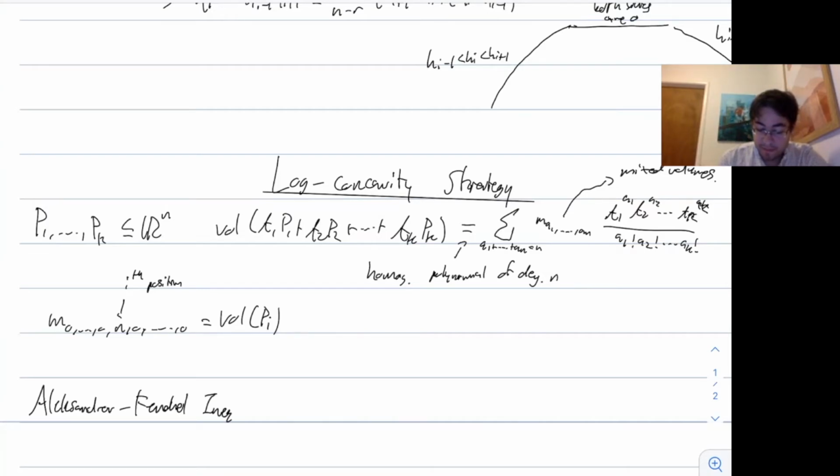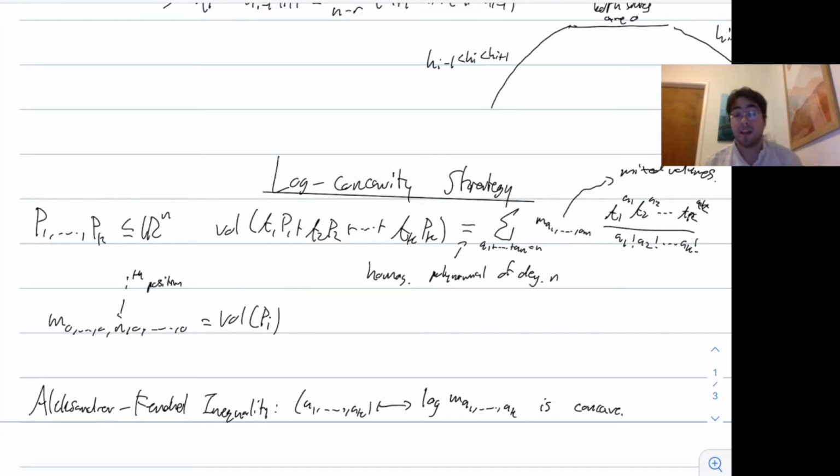Alexandrov-Fenchel inequality, which says that the assignment of a sequence a that adds up to n to the logarithm of this quantity, M(a), is concave.